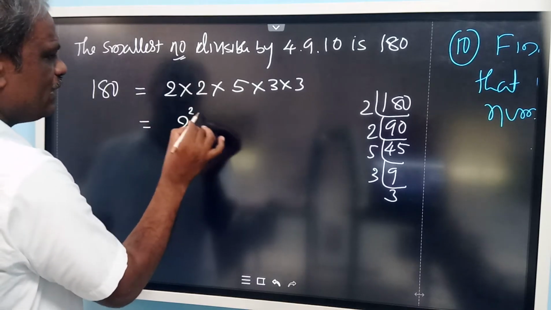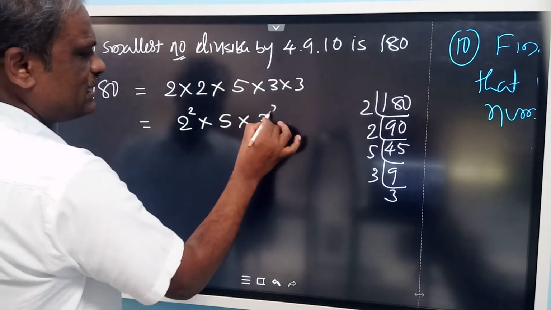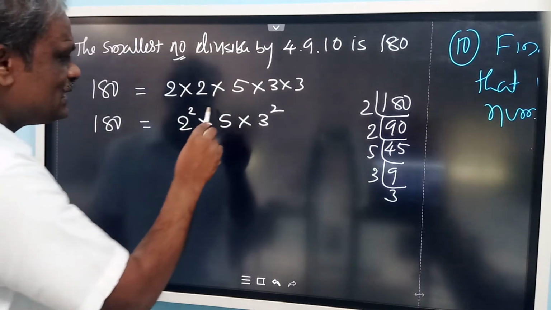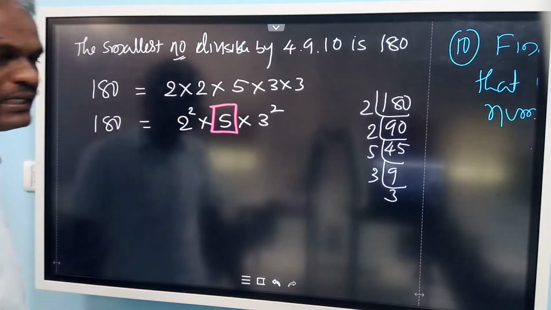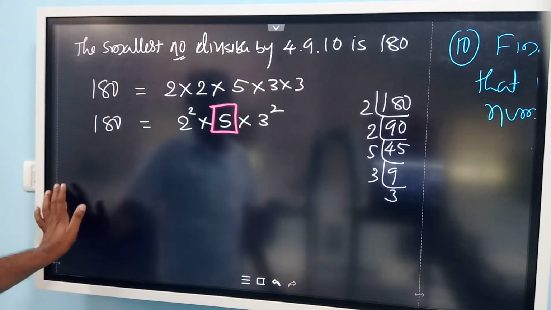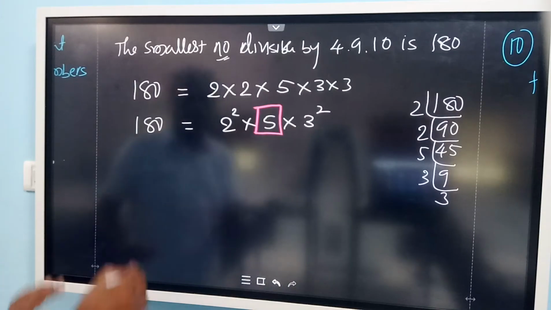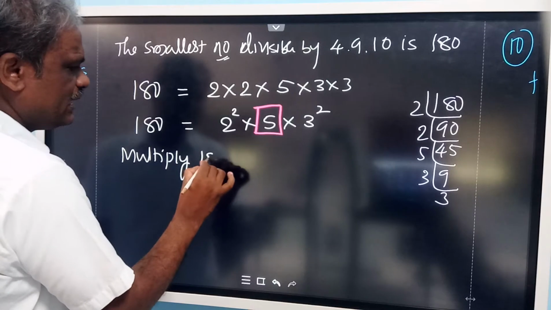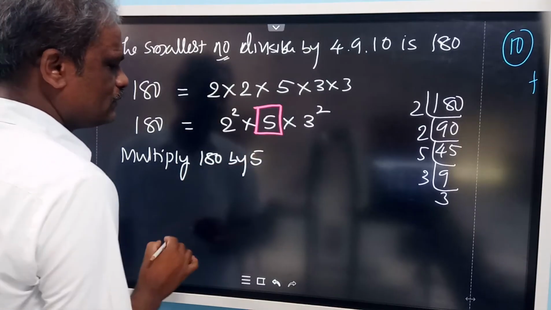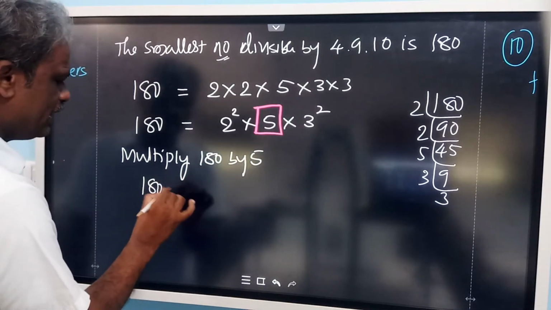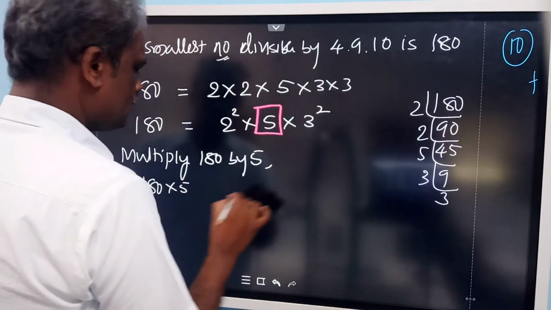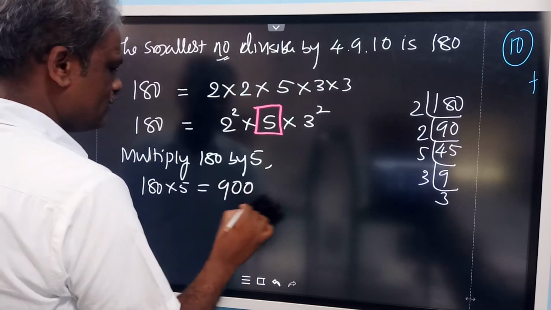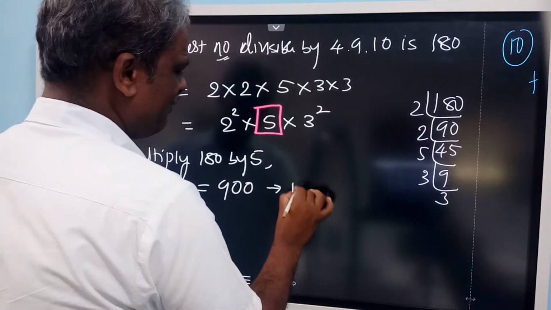Look at this: 2 square, 5 keep as it is, 3 square. In 180, 5 is not in a pair. So multiply 180 by 5. It becomes 900. So 900 is a perfect square now.